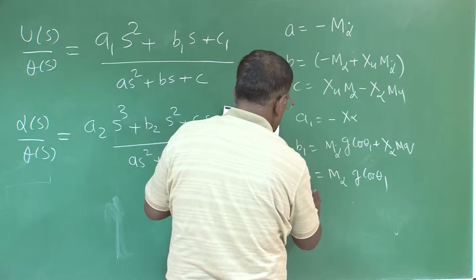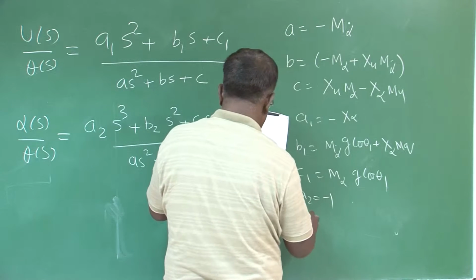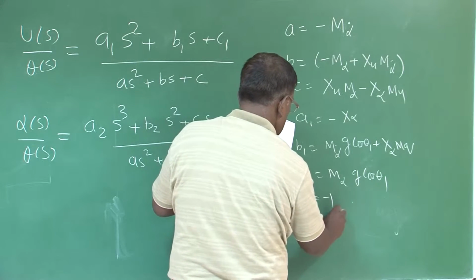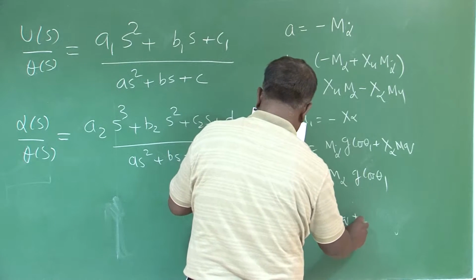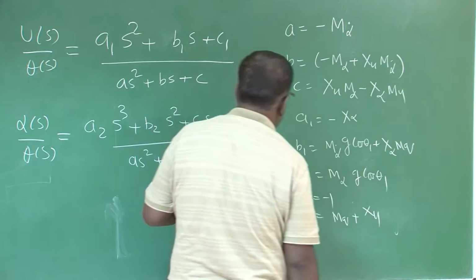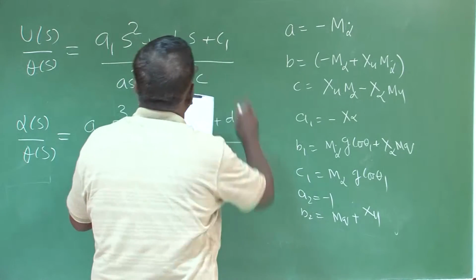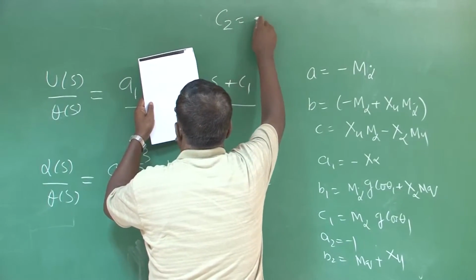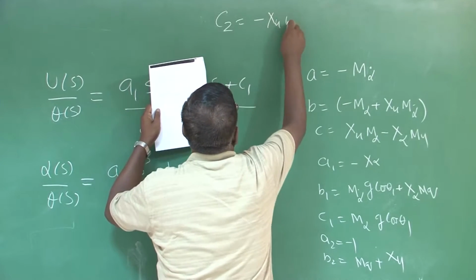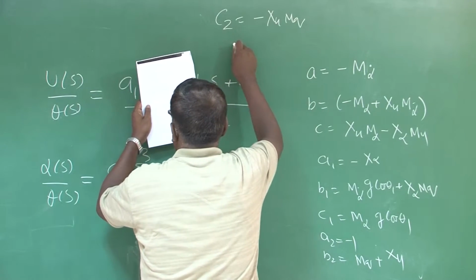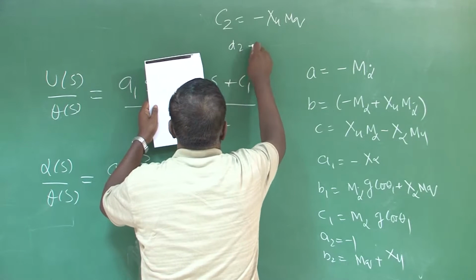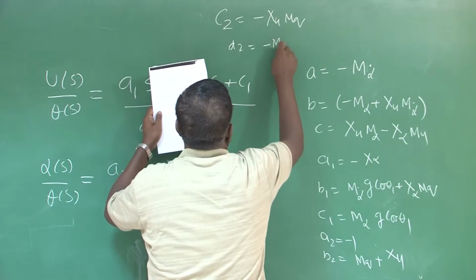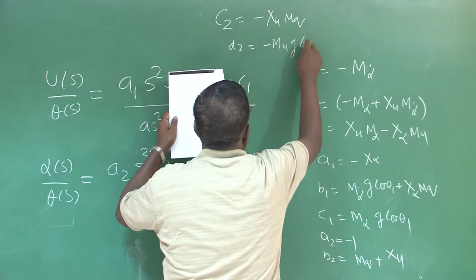Similarly, A2 equal to minus 1, B2 equal to mq plus xu, C2 equal to minus xu mq, and D2 is equal to minus mu g cos theta 1.